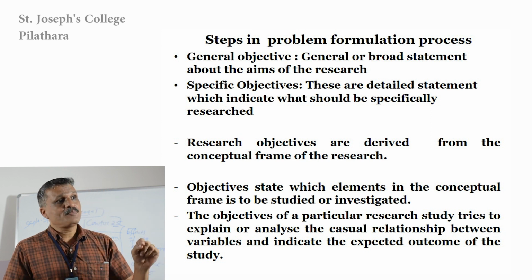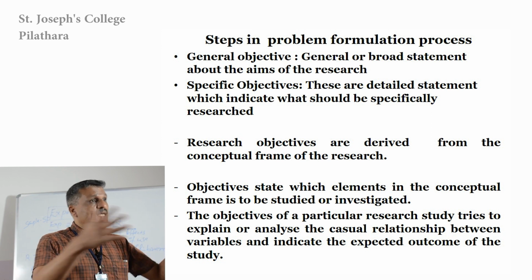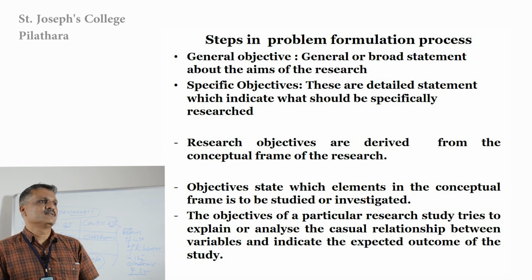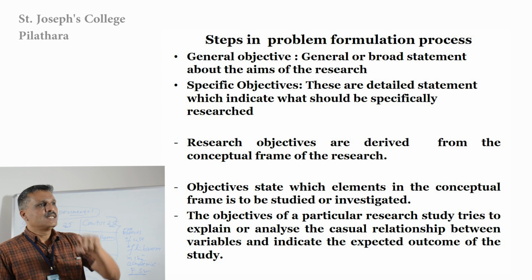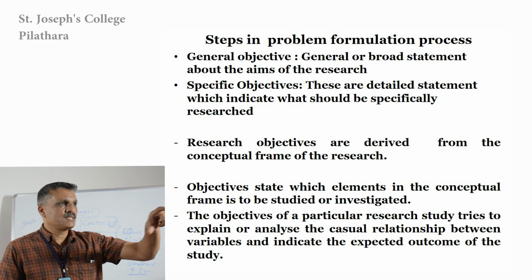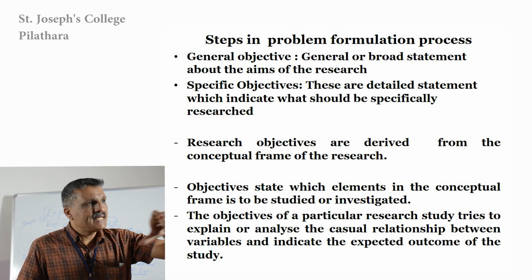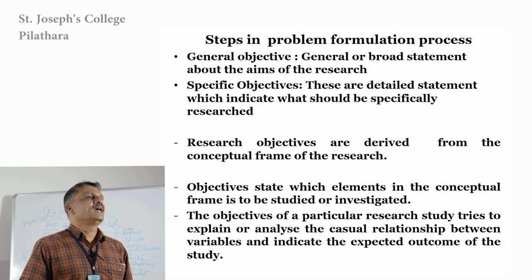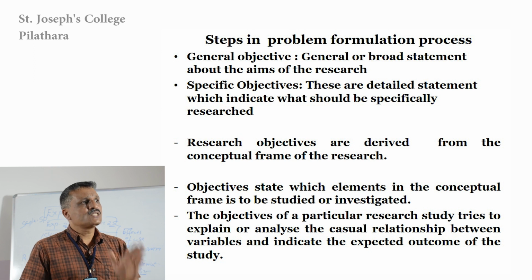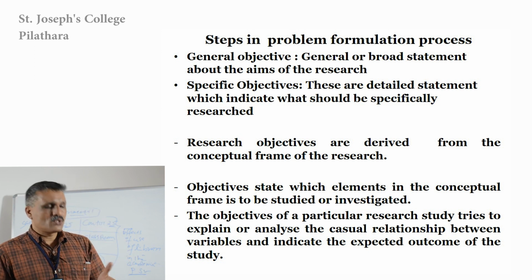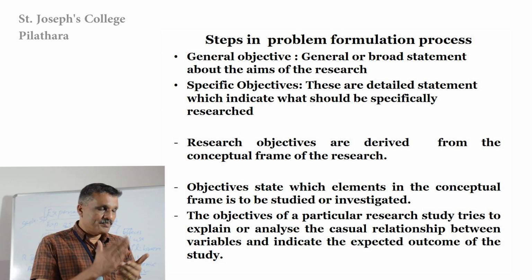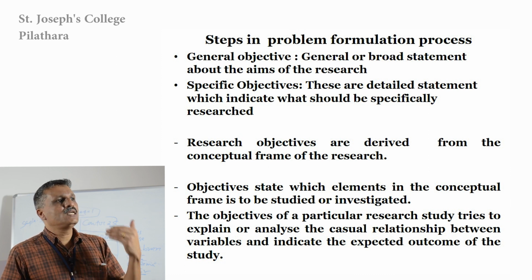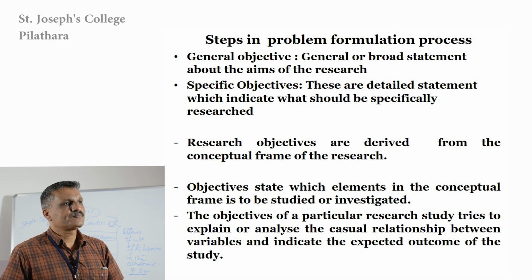In such a process, what aspects or areas of our variables need to be studied by the researcher? If the researcher presents it in statement form, that is the objective. That objective directs the researcher on what he or she has to do.